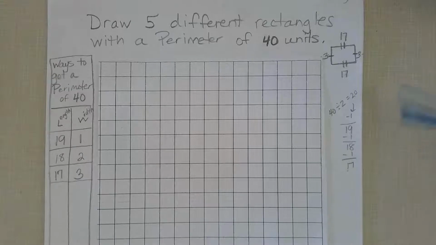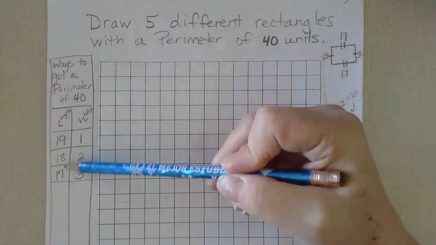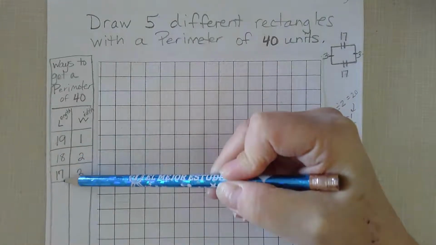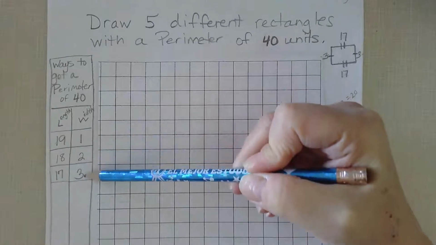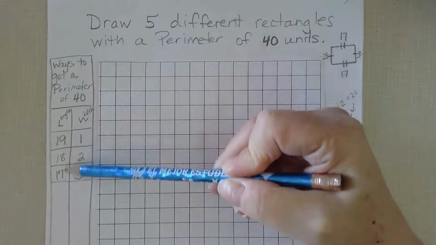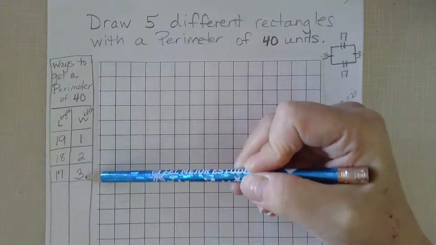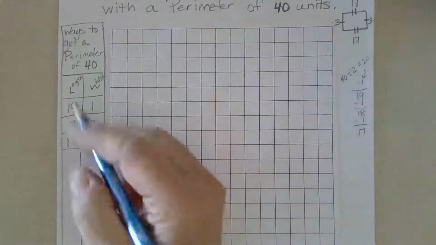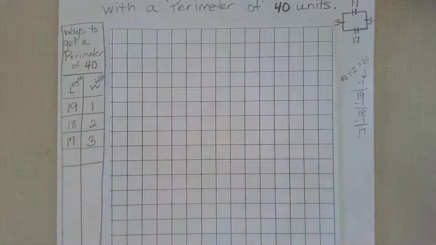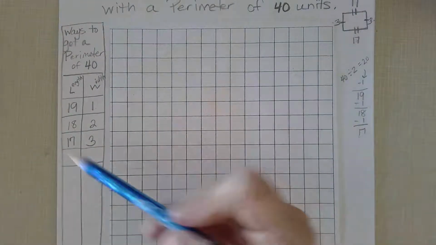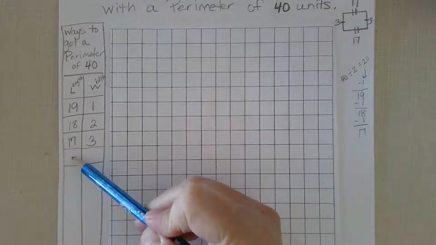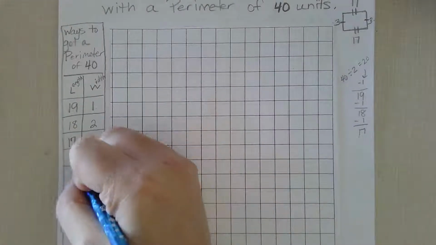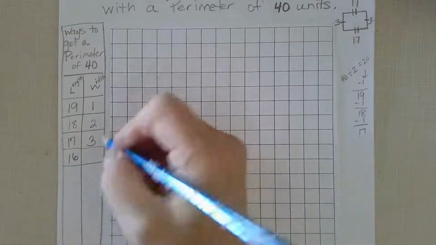Oh, so as I was saying, if you go down 1 each time, and you're going up 1 for the width. So you're going down 1 for the length, and you're going up 1 for the width. Okay, so with that in mind, I'm going to take a guess that this would then be the number 16, and this would then be the number 4.